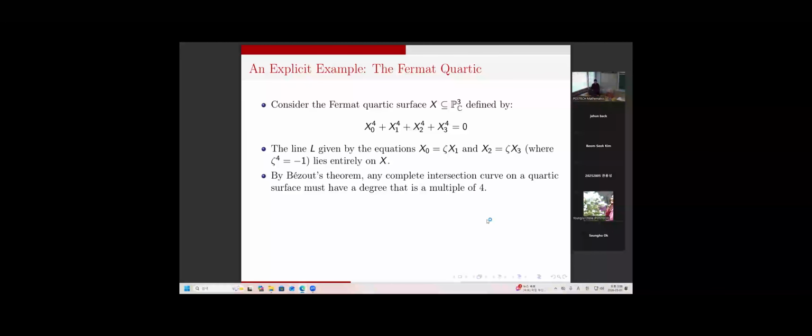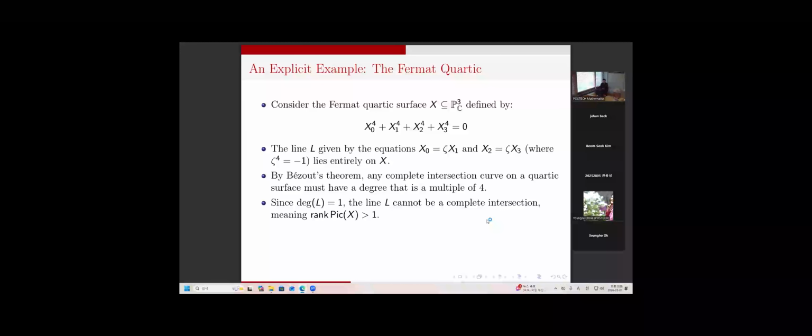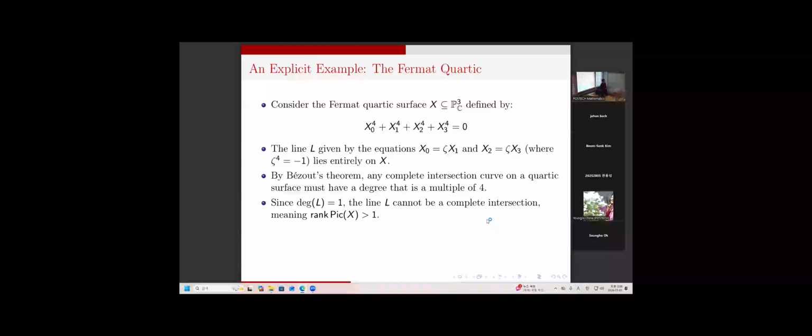So that implies that the line you find cannot be given by taking complete intersection with another hypersurface, because it has degree 1. So this implies that the rank of the Picard group of X is strictly bigger than 1. There's 1 coming from the polarization, but there's more.